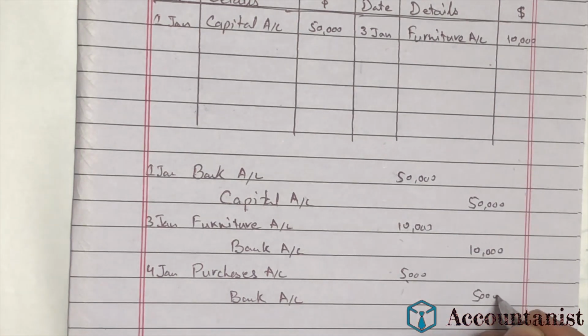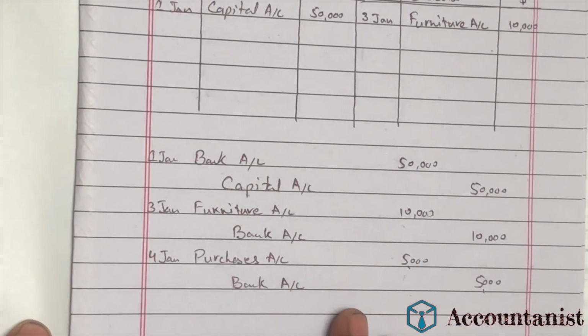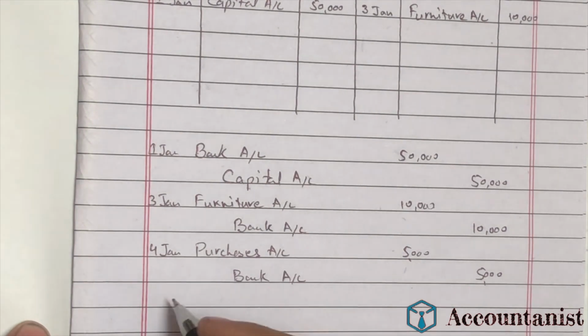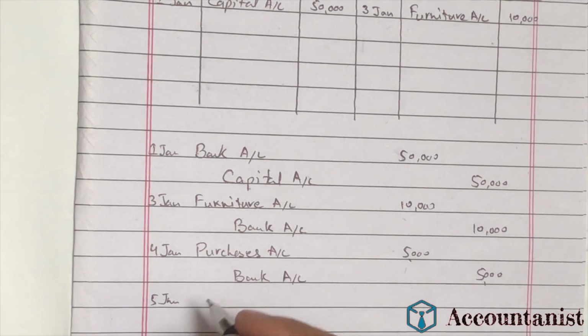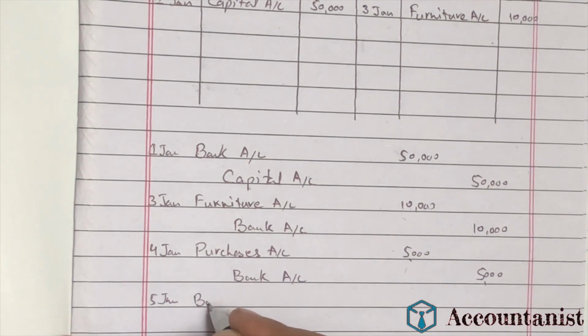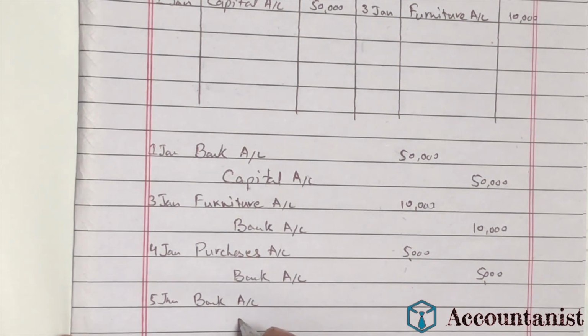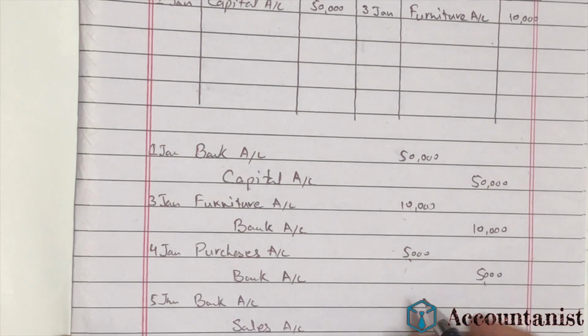So another entry that I'm going to write down here, on 5th of January we got a check, so we'll debit the bank account because we made some sales, so the sales account is going to be credited. So the amount was, let's suppose, 6,000.